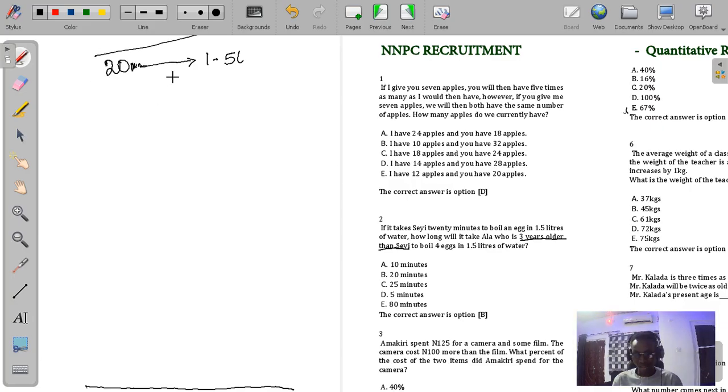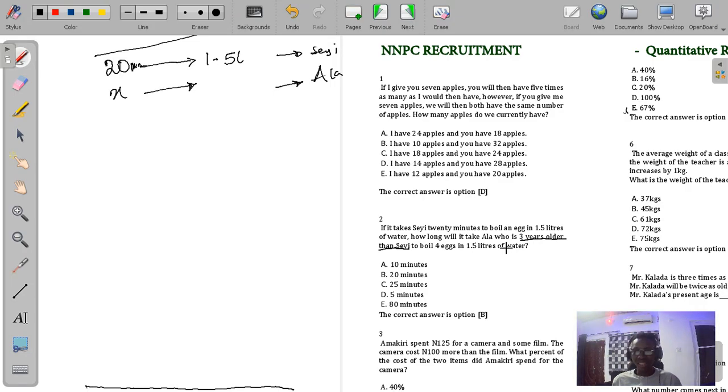Okay, and that is to boil 4 eggs. That means I'm looking for how long it will take Allah. That is x minutes. I don't know the number of minutes it's going to take Allah. This one is for Shay, right? So I need to write the mathematical expression for Allah as well. All I know is that they are still trying to boil the same 1.5 liters of water.